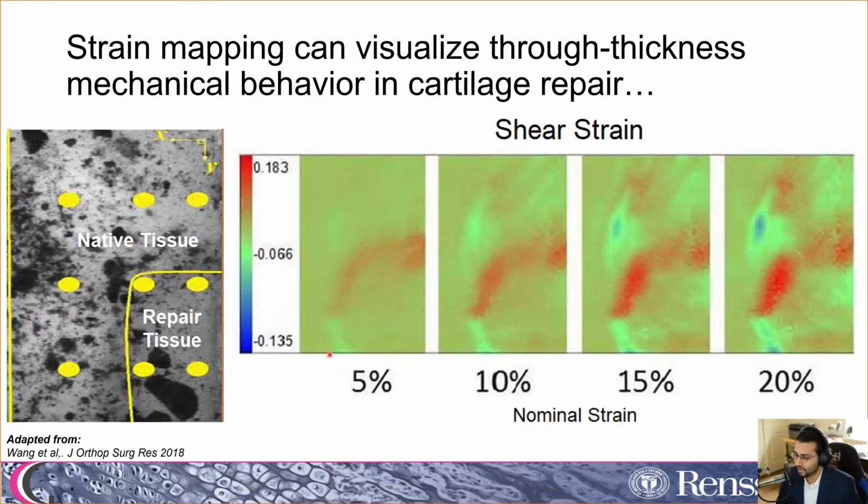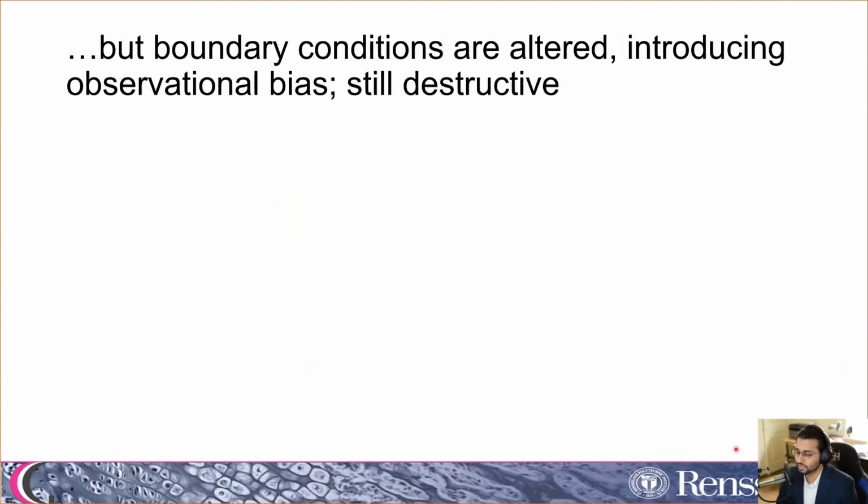They found that when loaded with high-speed imaging, they were actually able to visualize this strain response depending on the nominal strain, and seeing that the shear strains along the interface are very clearly enhanced depending on the increases in load.